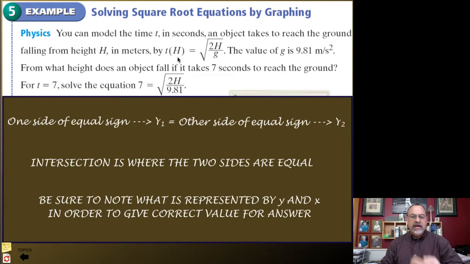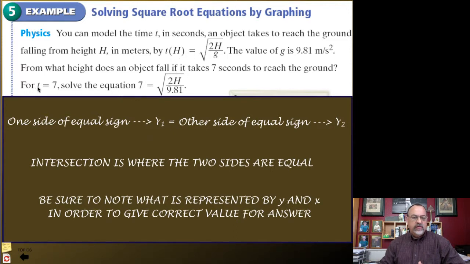So if I need a height, I'm going to put that in for h. On my calculator, that will be the x value of the intersection, and then the time that it takes is the y value. So when I look for the intersection, the y point is going to be the time that it takes. And so again, we can substitute in either value and solve for the equation.